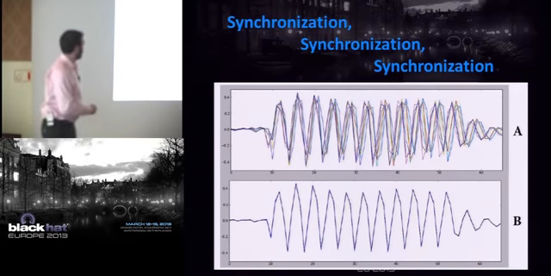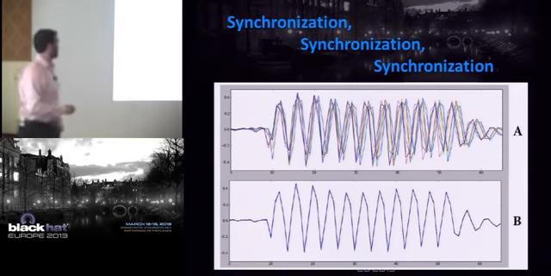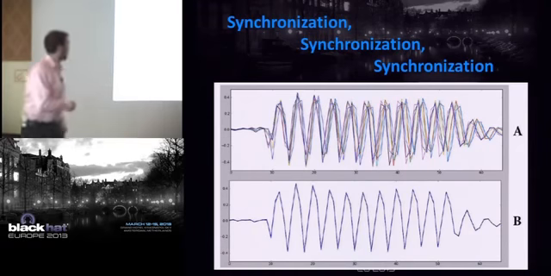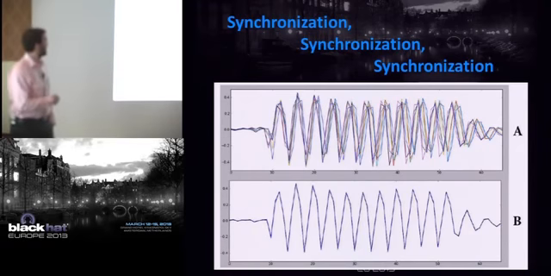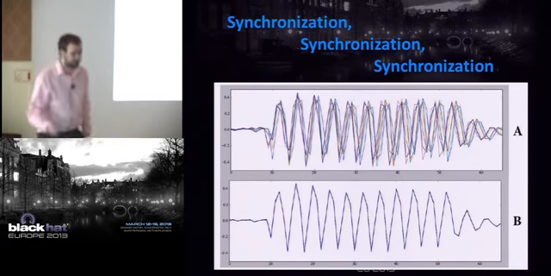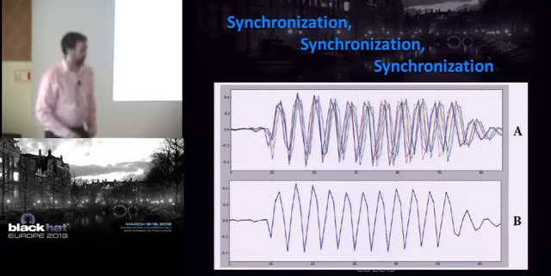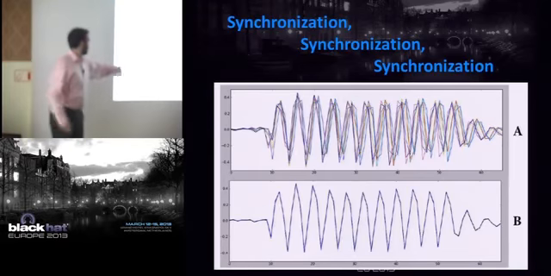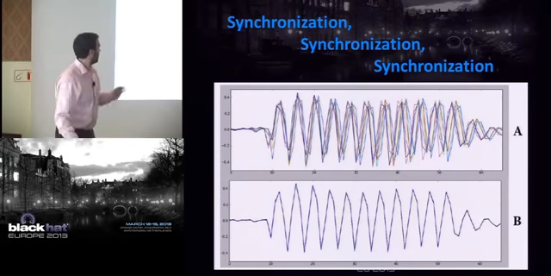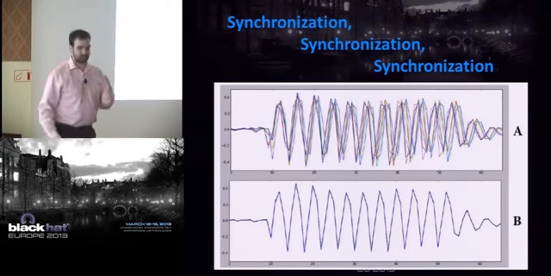In B, I'm sampling also at about that speed, 96 megasamples, but I've perfectly synchronized the clock to the device. In both cases, I have 10 traces overlaid. So in A, you can see that's garbage effectively. They're not lining up at all. In B, these 10 traces are perfectly lining up, and you can only barely see in a few spots where they differ. And again, exact same hardware, running 10 operations on the same data.